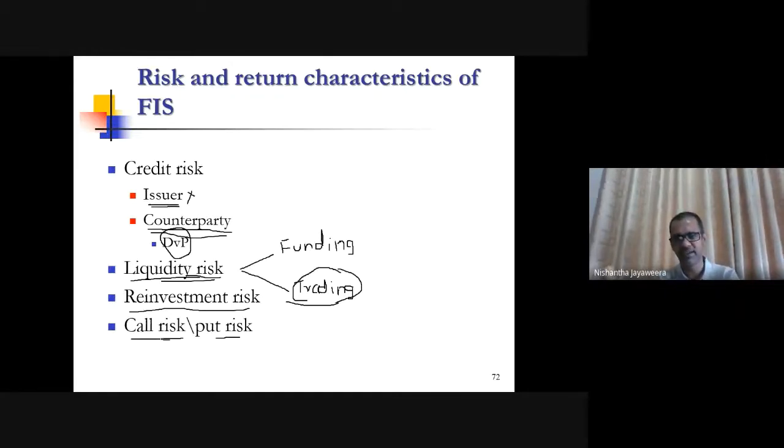You pay and you get. So delivery means the seller delivers you goods, you pay cash. That is DVP. Both happen at the same time.